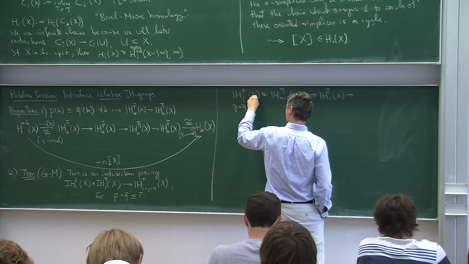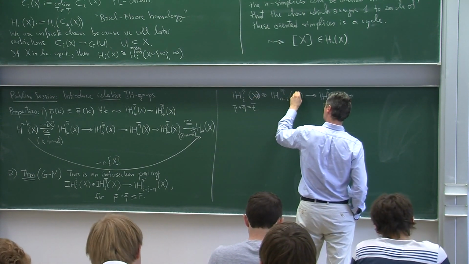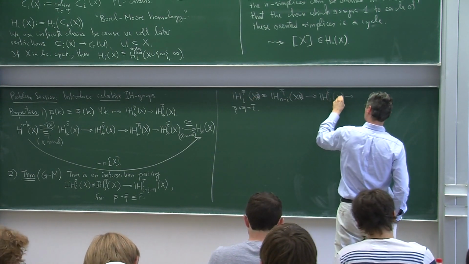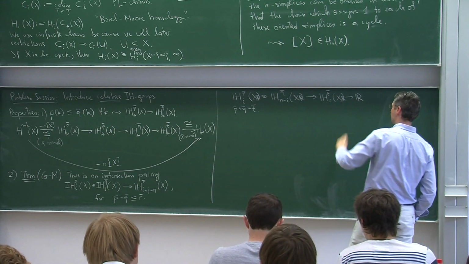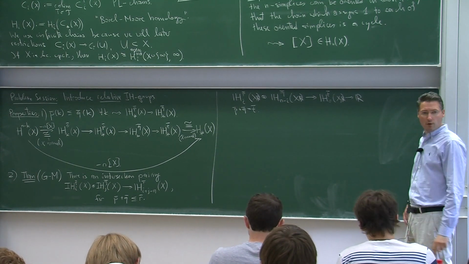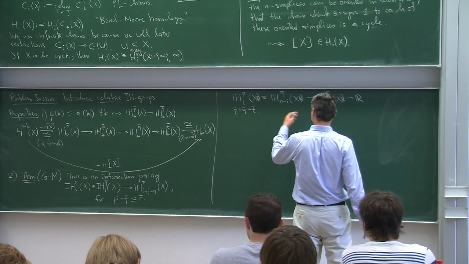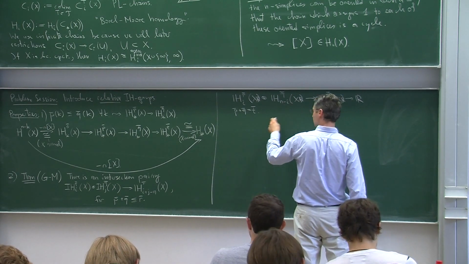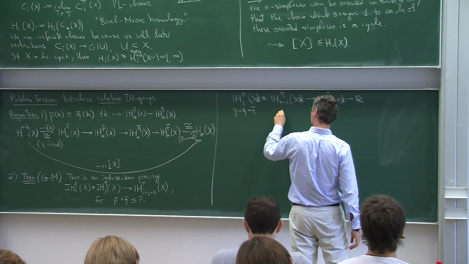And maybe I'll use real coefficients now. So then this form is non-degenerate. This is a bilinear form now, and the theorem says this is non-degenerate.